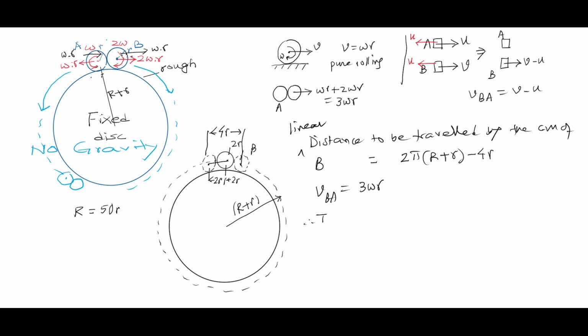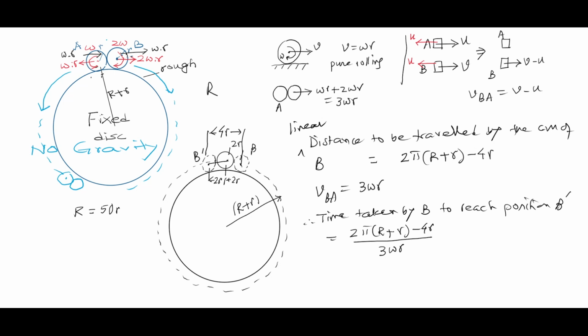Hence the time taken by B to reach position B dash is equal to 2 pi into r plus r minus 4r divided by 3 omega r. It is given in the problem that R is equal to 50 times r.